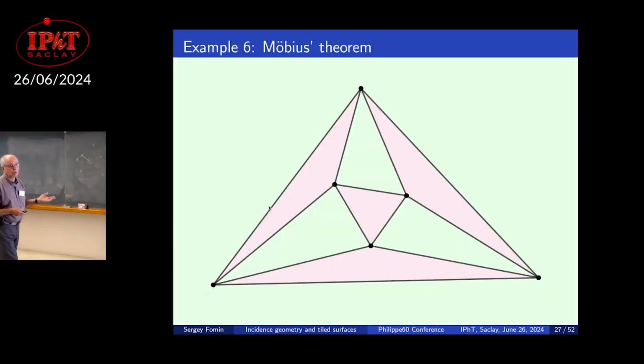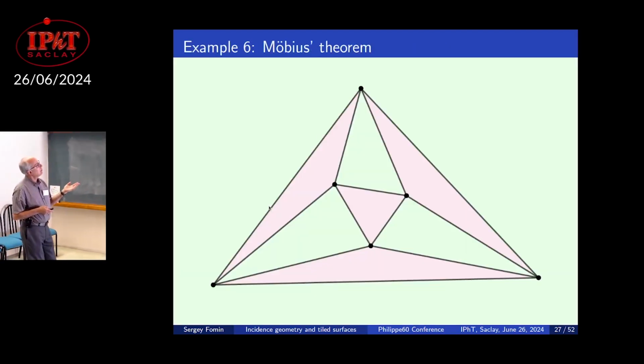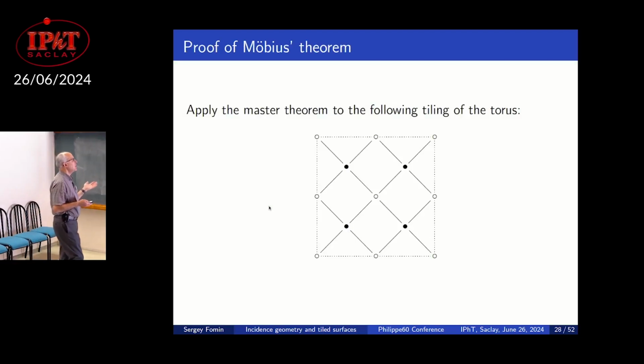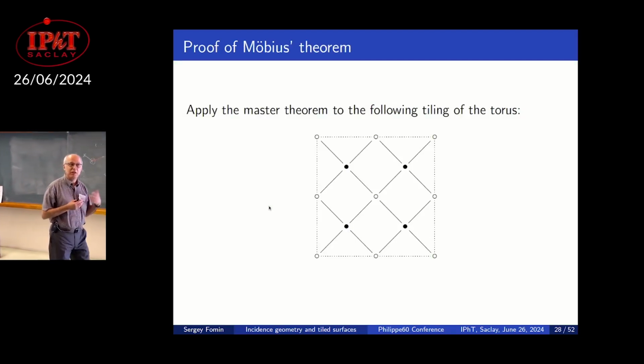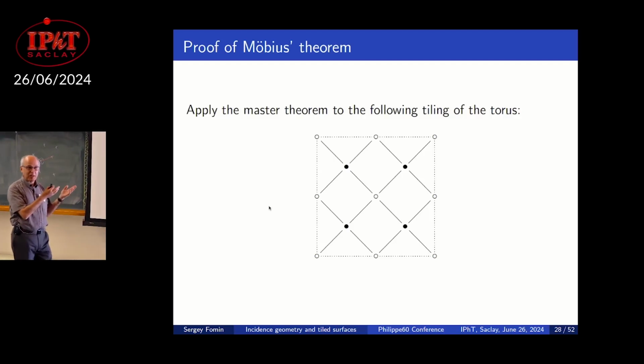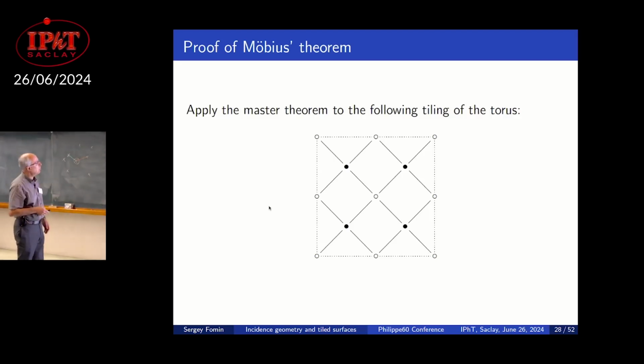What about 3 dimensions? Möbius theorem, easy. It comes from this, okay, again, when I say easy, I mean it's easy to check. It takes some time to come up with a given quadrangulation. We don't have an algorithm for that. But once somebody found it, then it's easy to check that this gives indeed a proof.